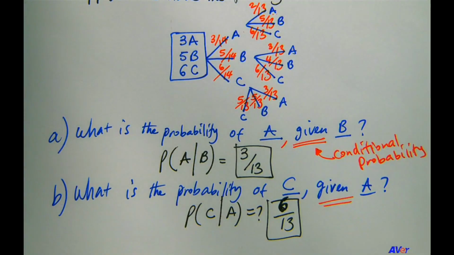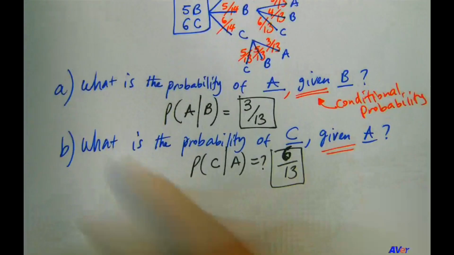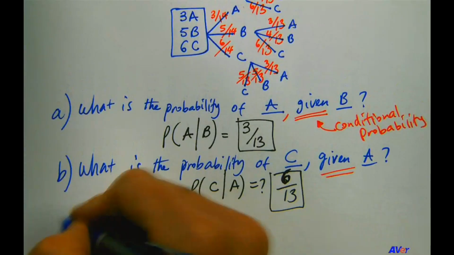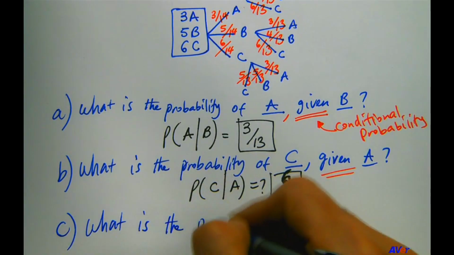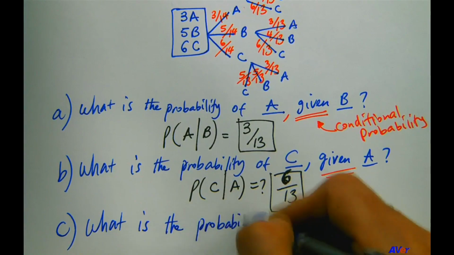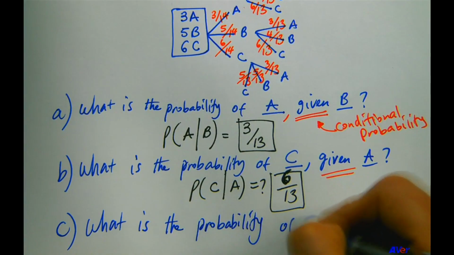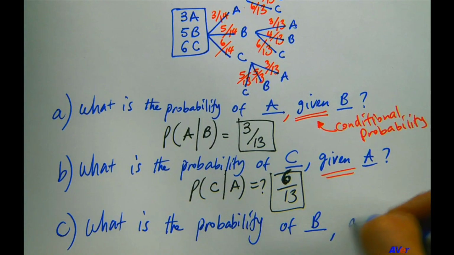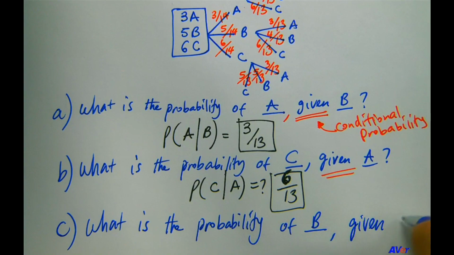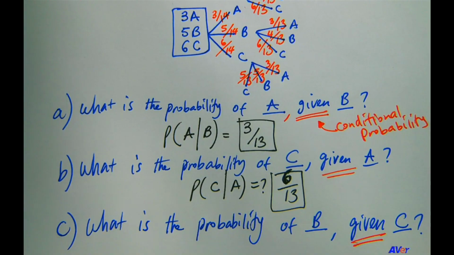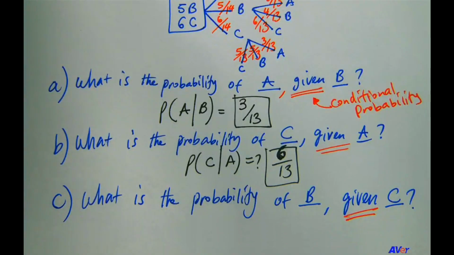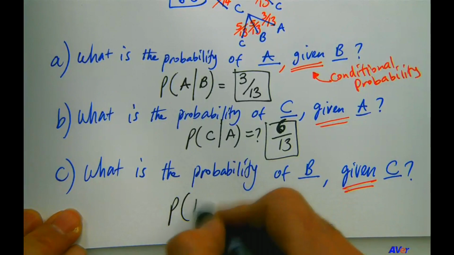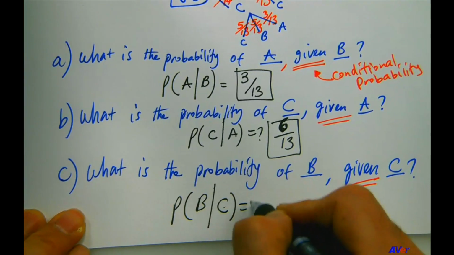Okay, one more part, part C. We want to know the probability of B given C. Okay, once again that conditional probability clue. So we're looking for probability of B given that C has already occurred.